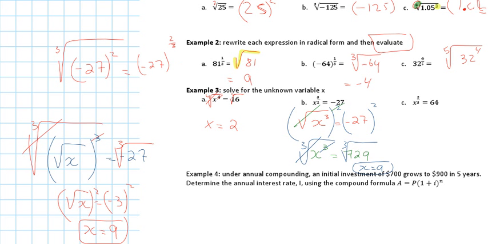What's 3 over 2 times 2 over 3, guys? 1. Right? And my whole idea is I want to get rid of that exponent, right? I have to do the opposite operation, right? So the whole idea is to leave x as x to the power of 1, right? To do that, I have to multiply by the reciprocal, right?